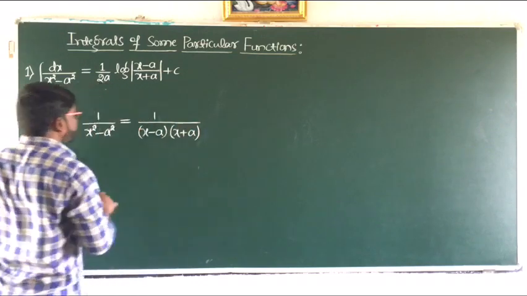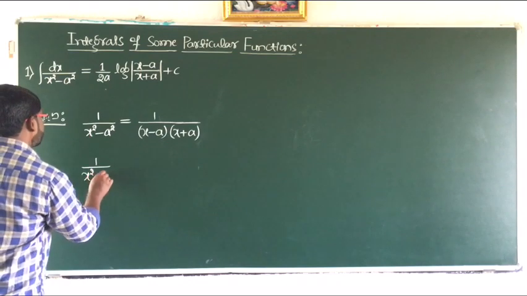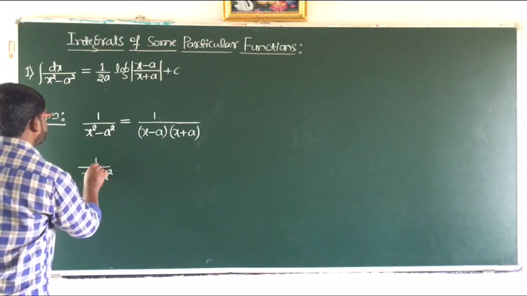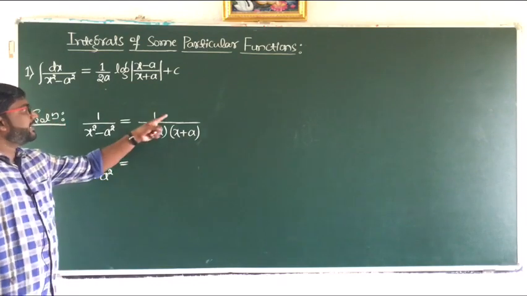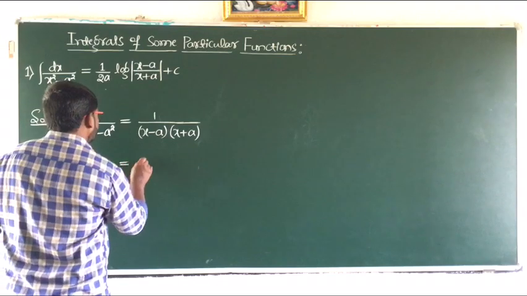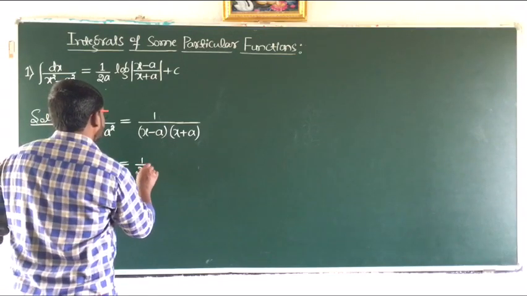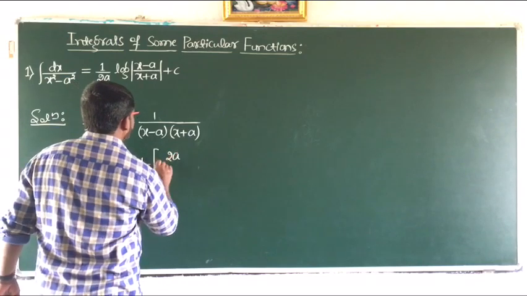Now 1 divided by x square minus a square, I multiply and divide by 2a. So we get 1 by 2a and then here I am multiplying by 2a.